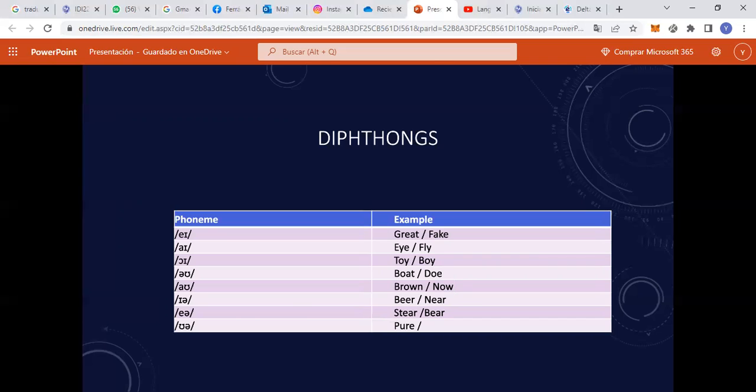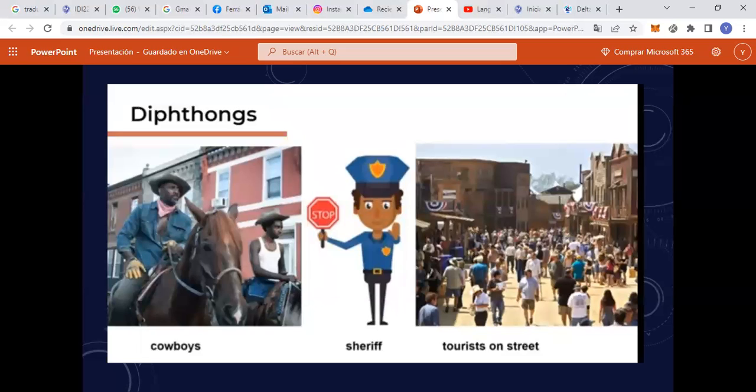We have the diphthong A, as in great, fake, or I, as in I, fly, oi, as in toy, boy, o, as in boat, dough, ow, as in brown, now, ear, as in beer, near, ear, as in steer, beer, ear, as in pure.